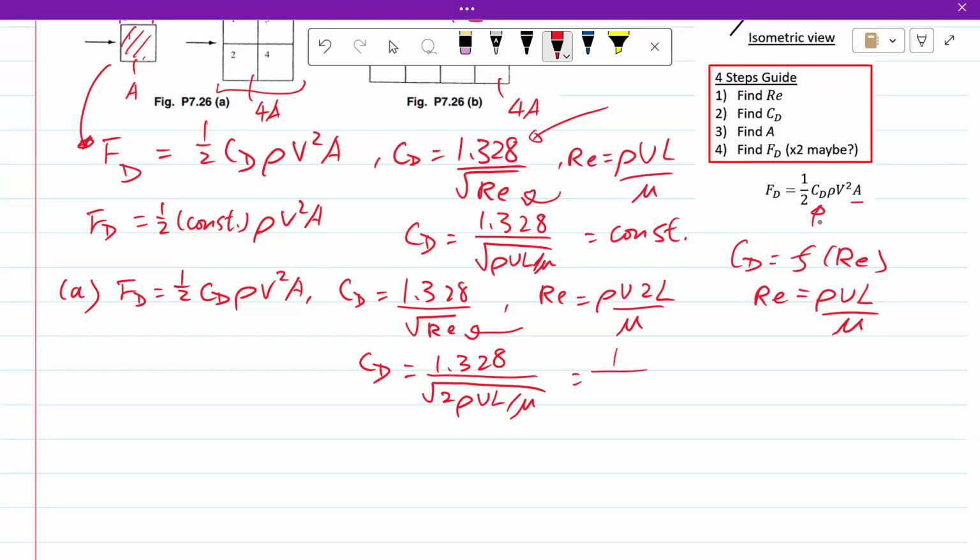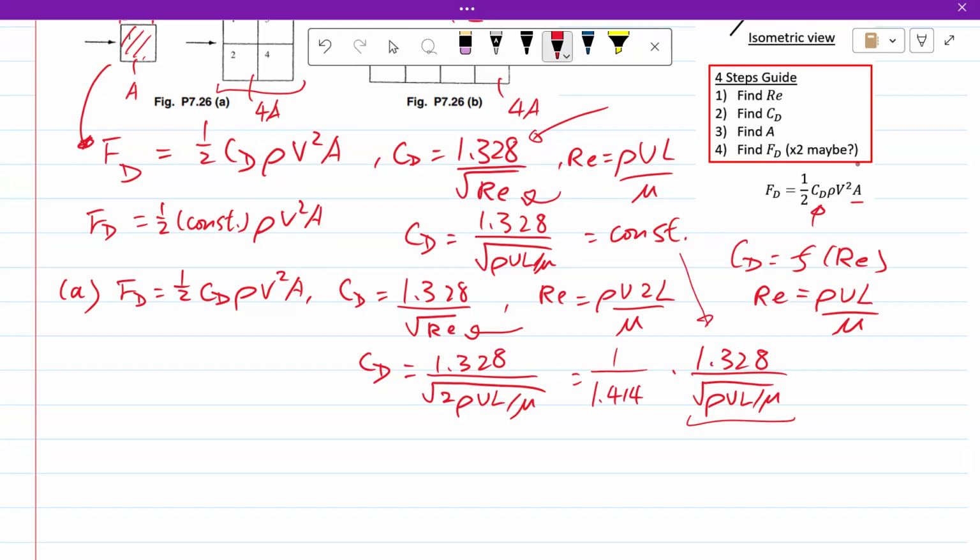So 1 divided by 1.414 equals, or sorry, not equal, multiply that times 1.328 divided by square root of rho UL divided by mu. So this is the same as your constant from before, right?